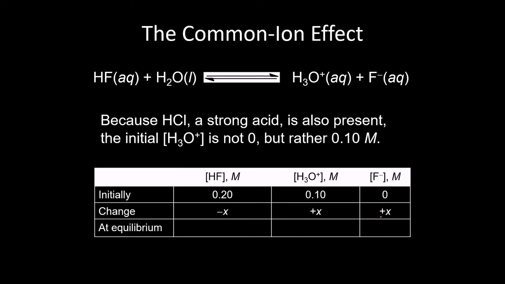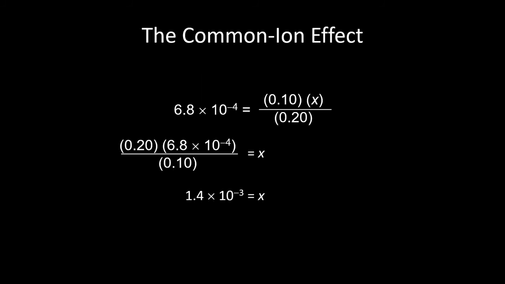Just like any other weak acid problem where we don't know any equilibrium stuff, we're going to have minus x, and plus x. If we apply those and use the x is small assumption, what we're going to end up with is this. 6.8 times 10 to the negative 4 is equal to 0.1 times x over 0.2. And if we do that math, we get 1.4 times 10 to the negative 3 is equal to x.